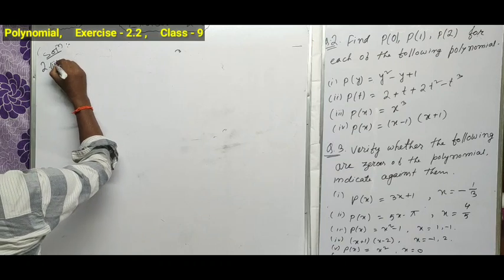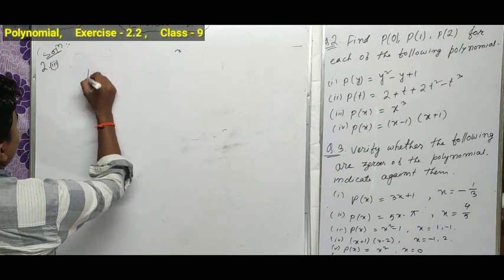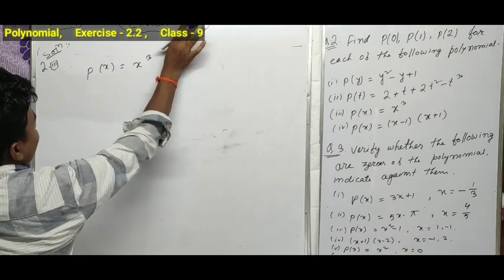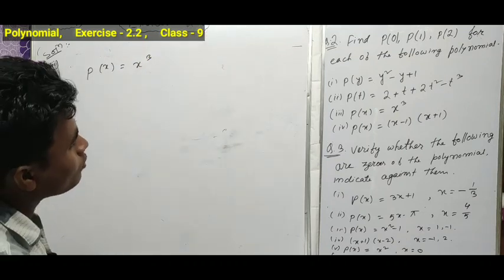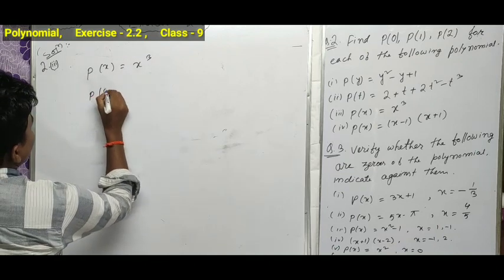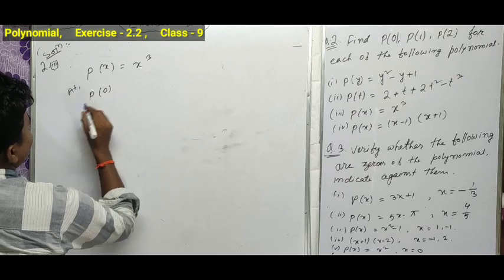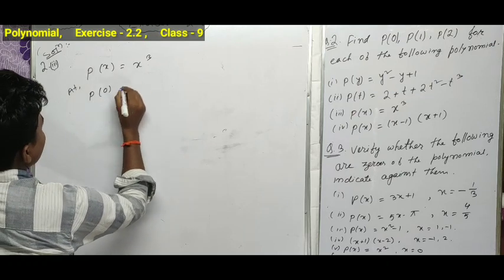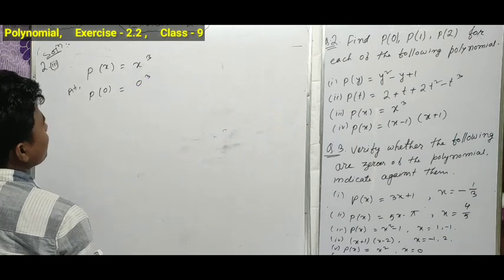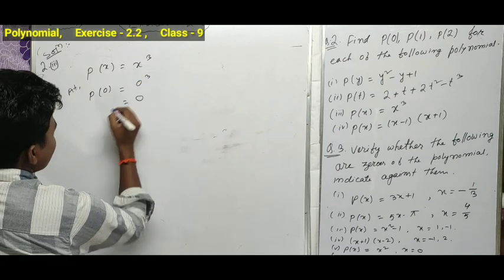Next, what is the third question? P(x) equal to x cube. That one is very simple. P(0): P(x) equal to 0 cubed, so 0.